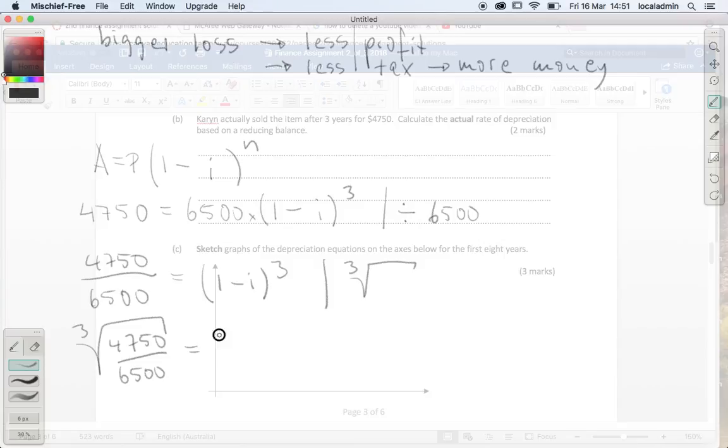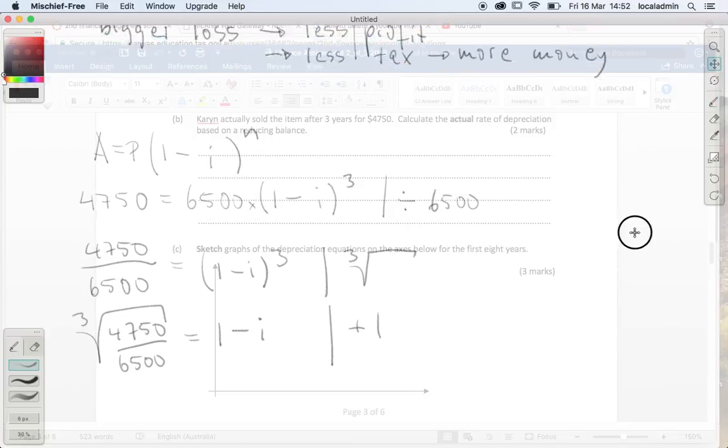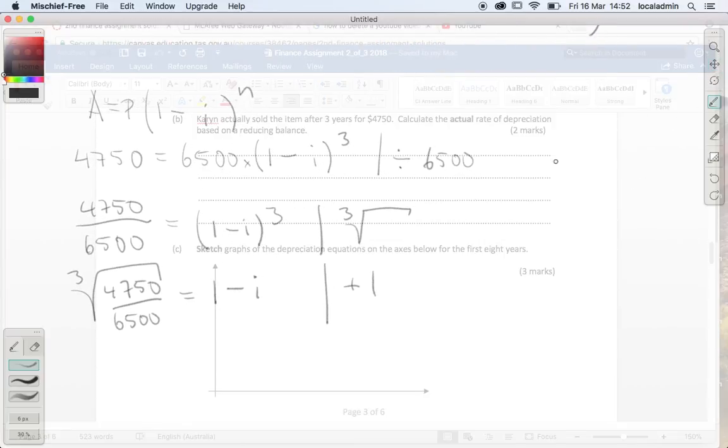Okay, and then we are up to 1 minus I. So now we need to get rid of that 1 there, so we do the opposite operation, which is plus 1. So we get the third root, or the cubic root, of that number, and we add 1, and that should be our I.